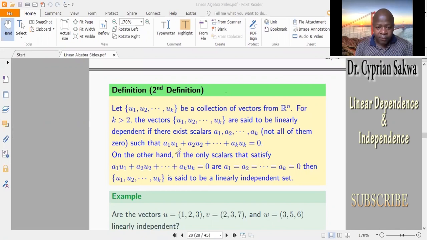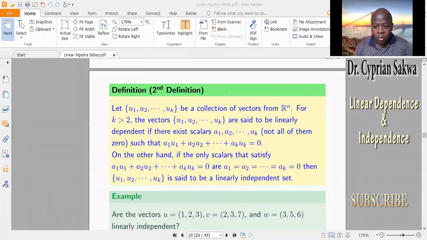But if the scalars are all 0, and r1 times u1 plus r2 times u2 plus all the way up to rk times uk gives you 0 only when all the scalars are 0, then we say that this set of vectors is linearly independent. So those are the two definitions of linear dependence and linear independence.